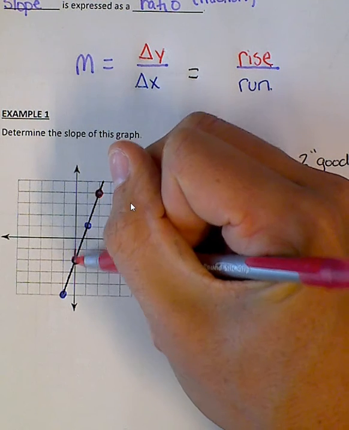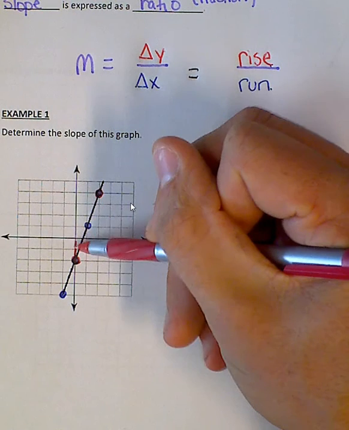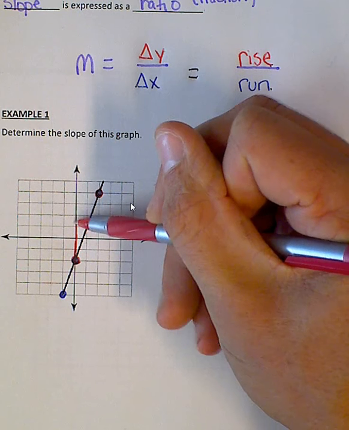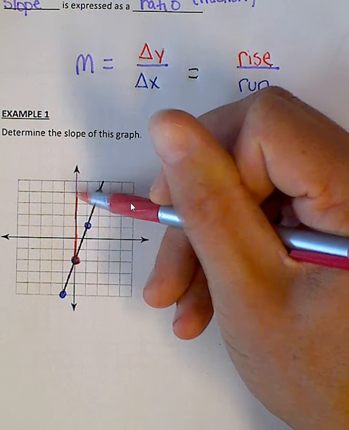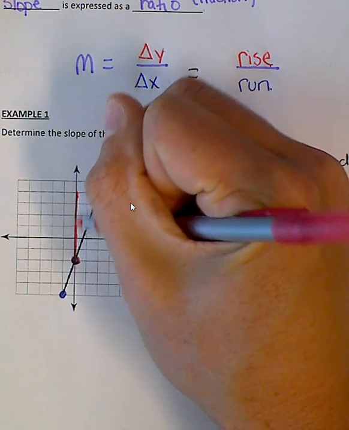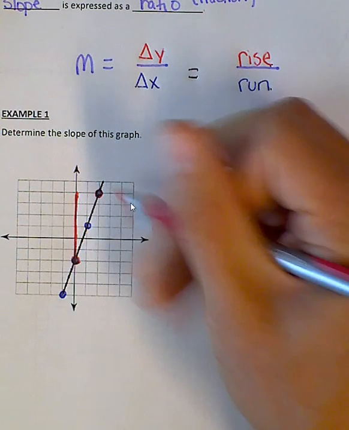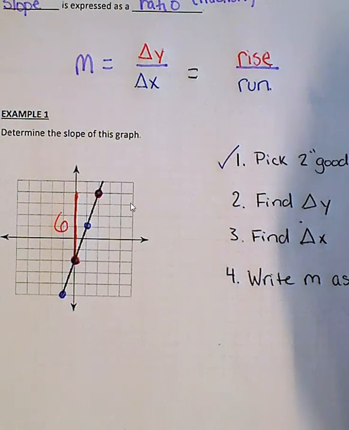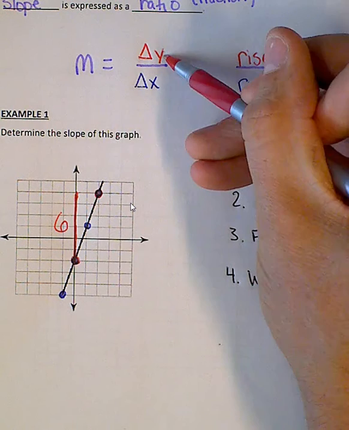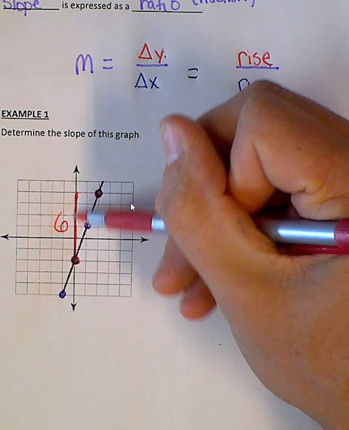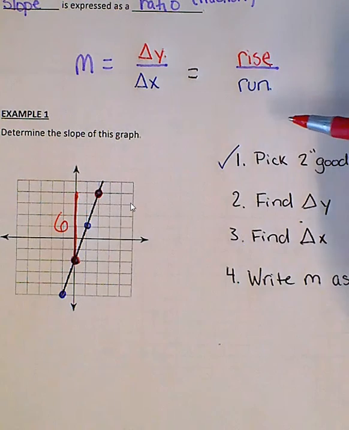It's going up 1, up 2, 3, 4, 5, 6. So from point to point, this graph is changing by 6 units. That's our change in y, because it's rising 6 units.